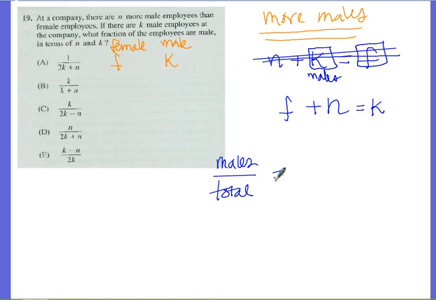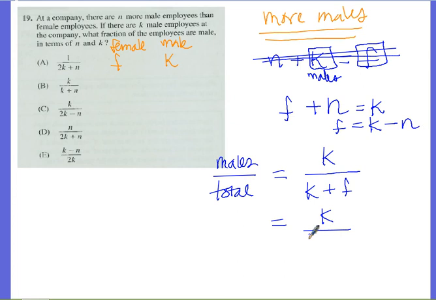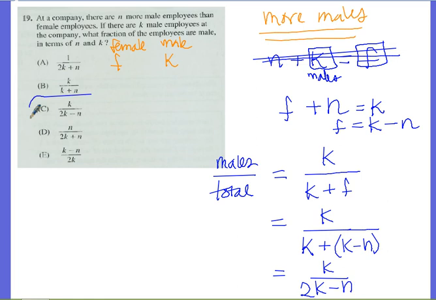Males are K. The total would be the males plus the females, but I'm going to use the fact that females are actually K minus N. So K over the males plus the females, which are K minus N, and you end up with K over 2K minus N, which is C.